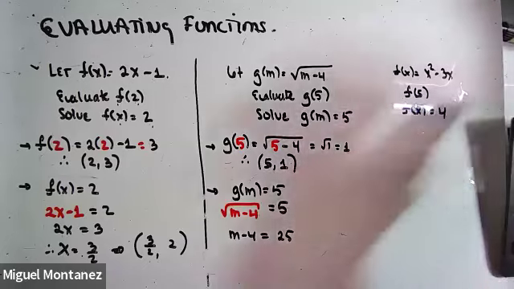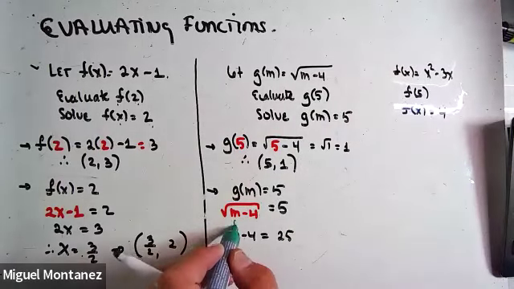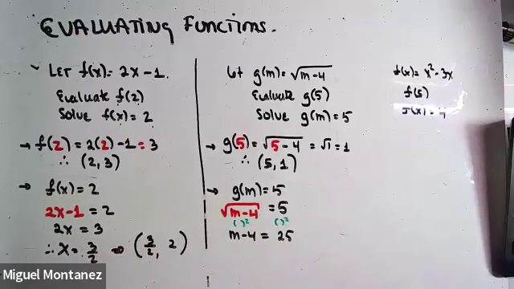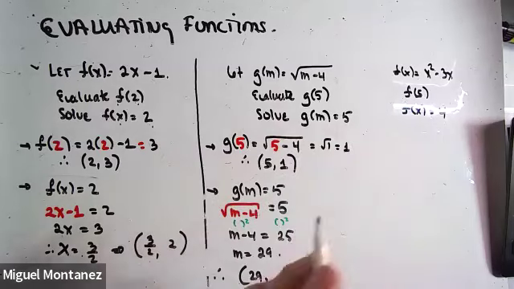Now we add the 4, so m equals 29. Therefore, when the input is 29, the output will be 5.